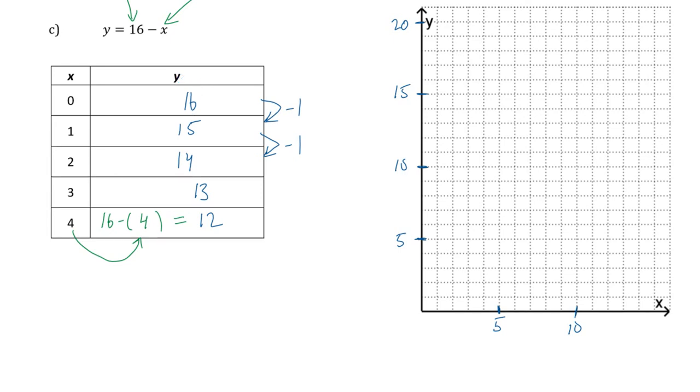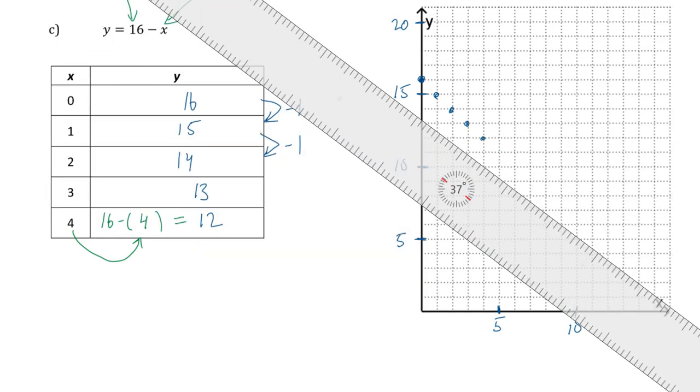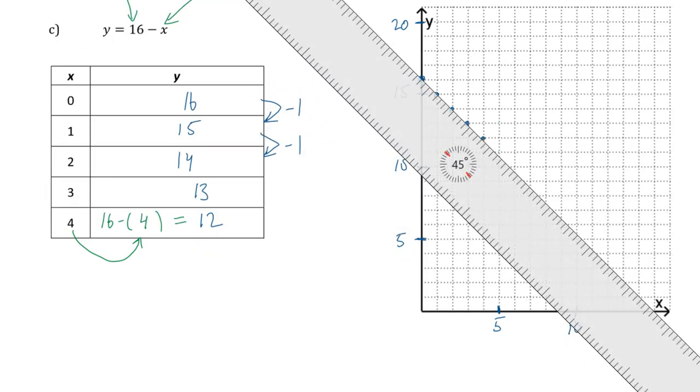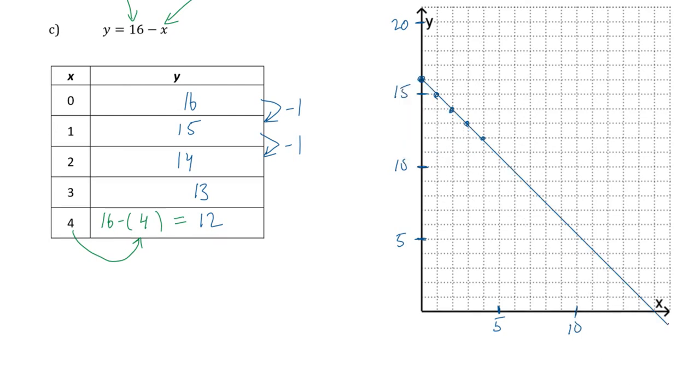So that's why I went to 20, because 16 was the biggest number. So I'm starting at 16 and I'm going down 1 every time I go over 1. Okay, and there you have it.